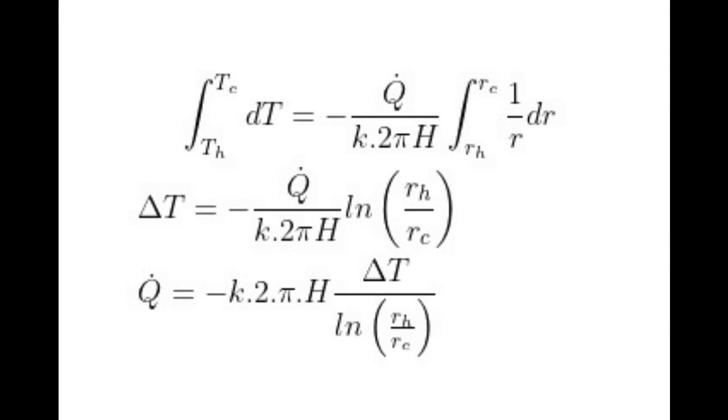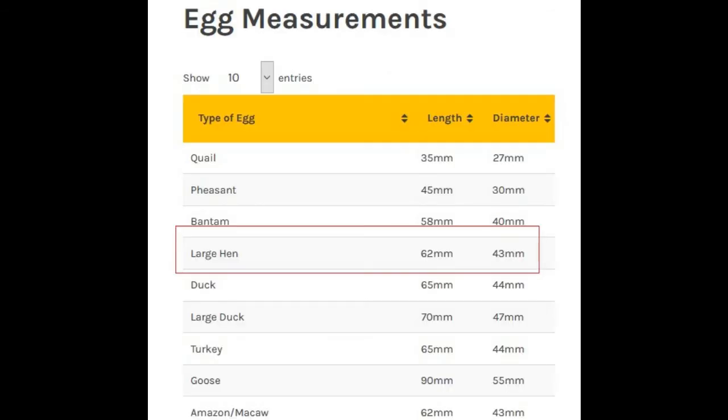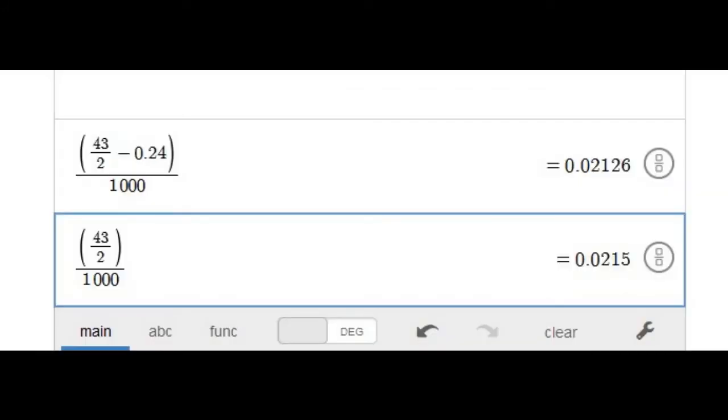The online information about egg measurements is shown in the clip, and we will take the chicken egg with a diameter of 43 mm. Using the Desmos scientific calculator, we can then find the inner and outer radii of the long cylinder.